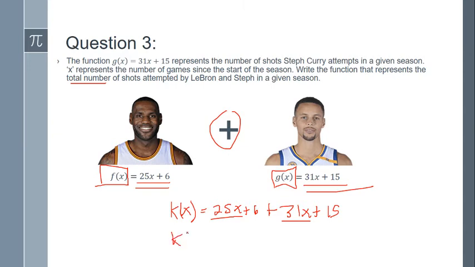So I'll write k of x is equal to 25 and 31, that's 56x. Now we can add the constants, the whole numbers, together here. 6 plus 15 is 21. This is the function that would represent the total number of shots attempted by LeBron and Steph Curry in a season, given these individual functions. That's just function addition. We're just adding them.